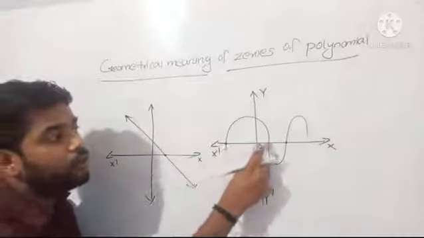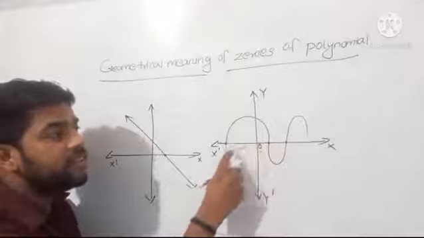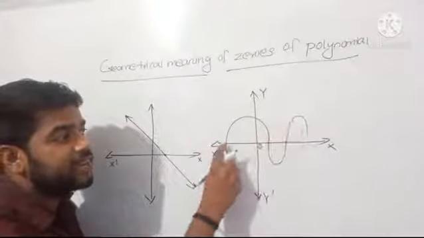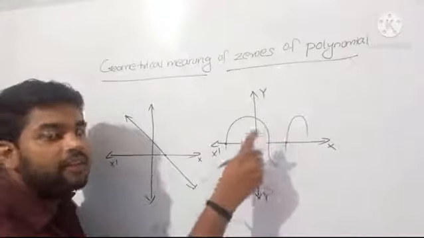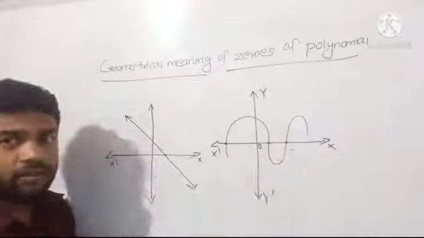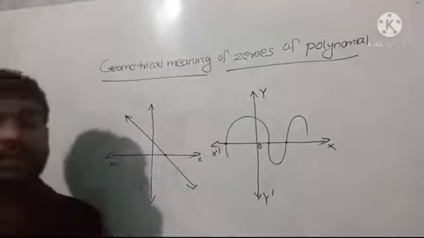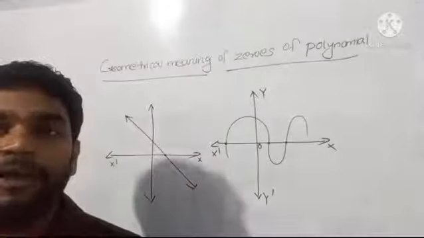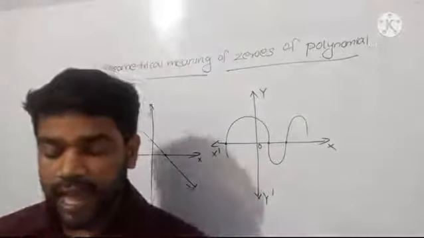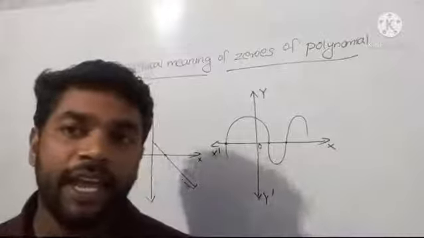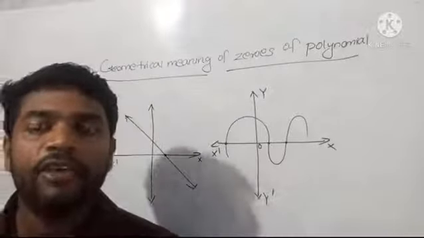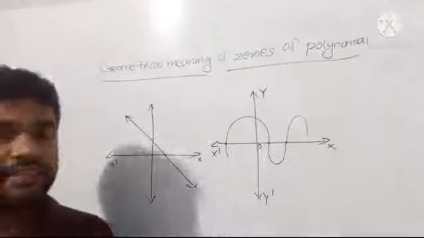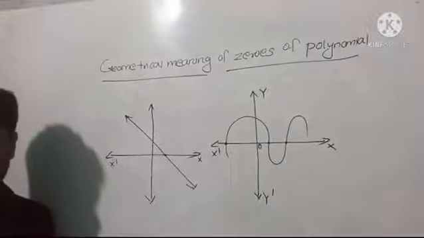In the earlier graph the number of zeros is 3, because it intersects the x-axis at 3 points, therefore 3 zeros. So that is why geometrically the zeros of polynomial p of x are the x coordinates of the points where the graph y equal to p of x intersects the x-axis.